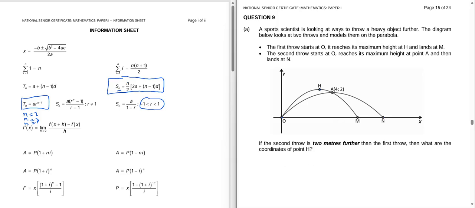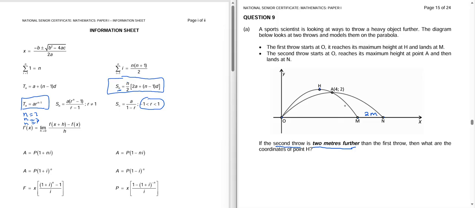And we have additional information that the second throw is 2 meters further than the first throw. Then what are the coordinates of H? Let's interpret this. 2 meters further means that M and N are 2 meters apart, right?